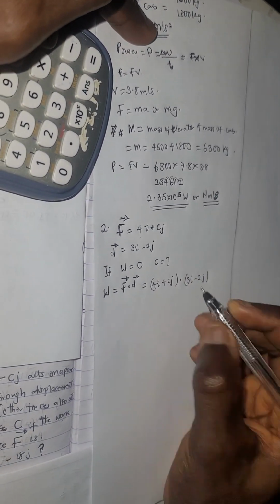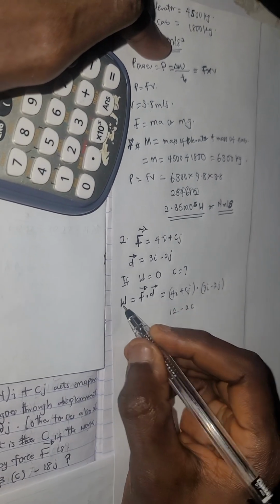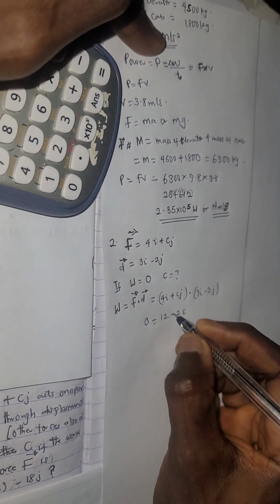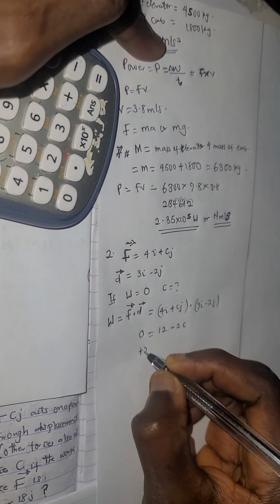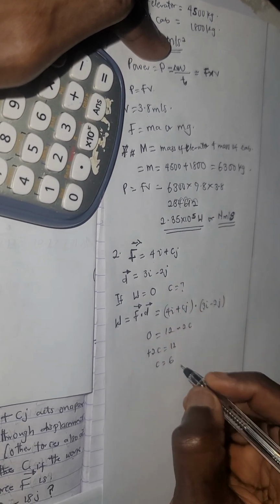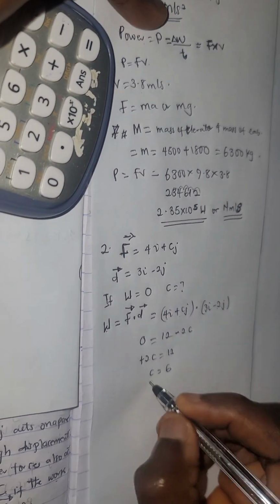This one times this will be 12, and this one times this is minus 2c. They said W is equal to 0, so when the minus 2c moves over, we have plus 2c equals 12. C equals 6. So our C is equal to 6 when W equals 0.